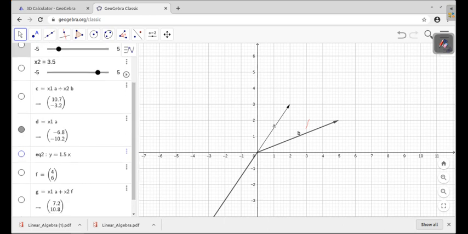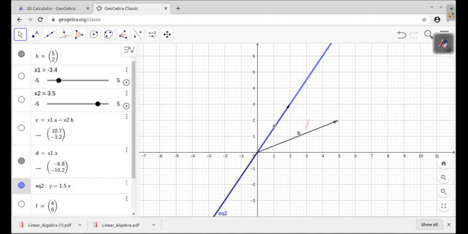Now consider another case. I will define a line here. In blue color you can see that a line is there. A vector a is along the line. I am considering another vector d, which is x1 times a. Now I am changing the value of x1.